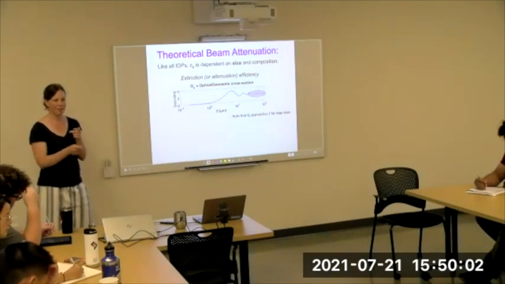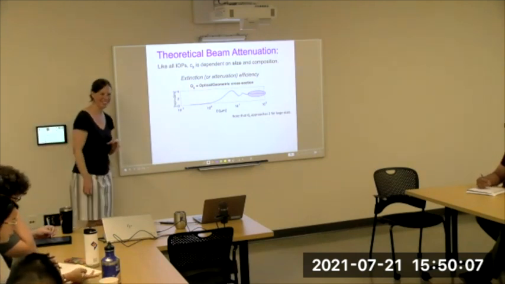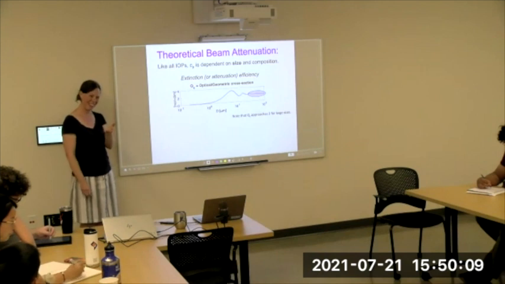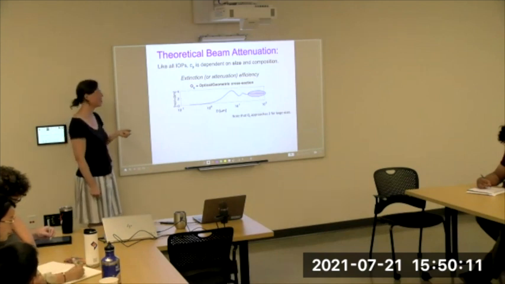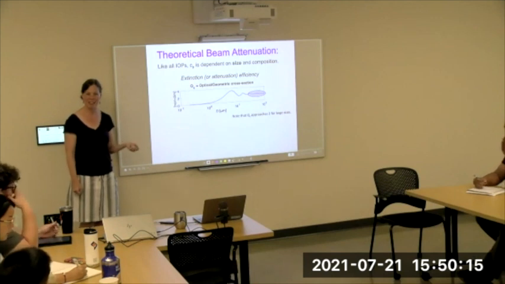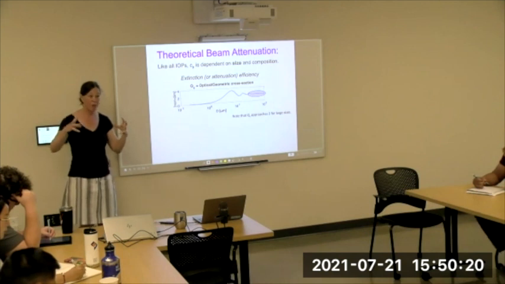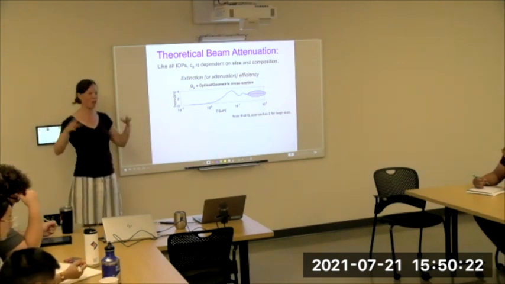And this should still make you scratch your head, as you were just now: why is it 2? Shouldn't the extinction efficiency, or the attenuation efficiency, of a particle that's really big be 1? Shouldn't it block out all the light?